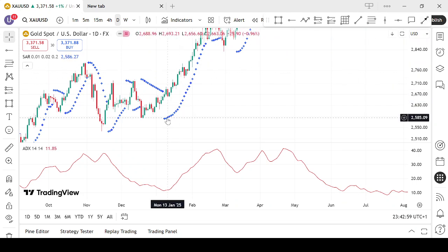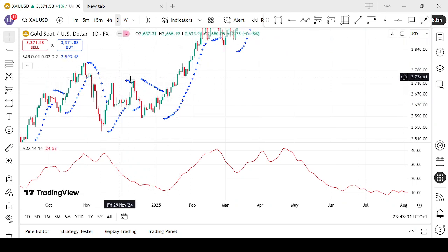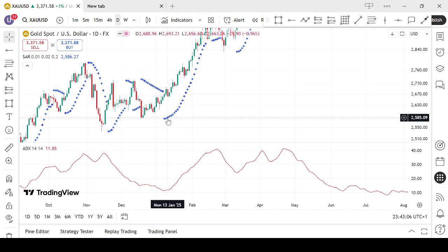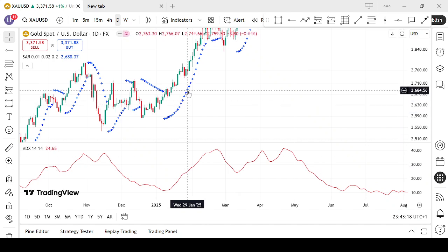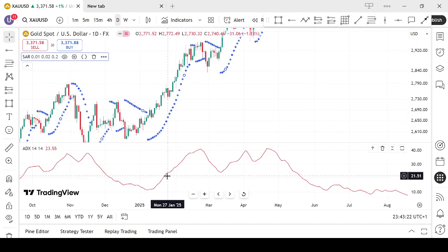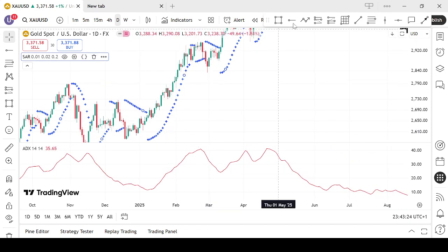You can see in this area of the market when the Parabolic SAR switched from above to below price, we can see it gradually moved and complements our ADX. As you can see, at this point it was above 25. This is a strong signal for us to enter our buying opportunity because it has complemented our Parabolic SAR.